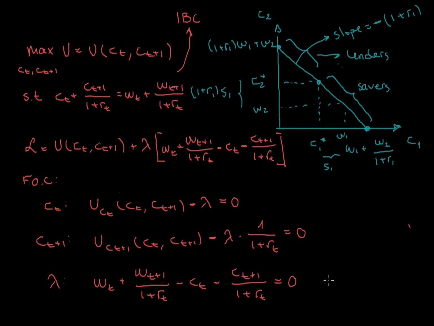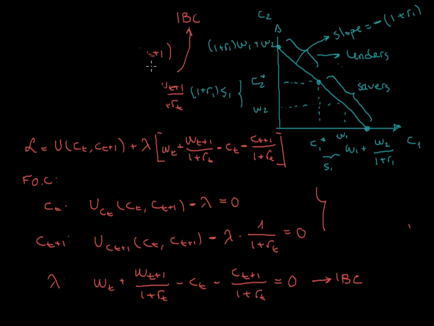From here we get just the intertemporal budget constraint, and from these two conditions we can obtain the following one, just by equating the lambdas. So I'm going to erase this.